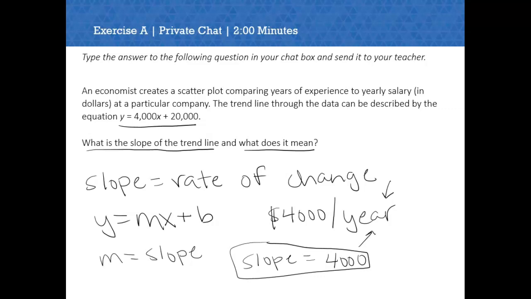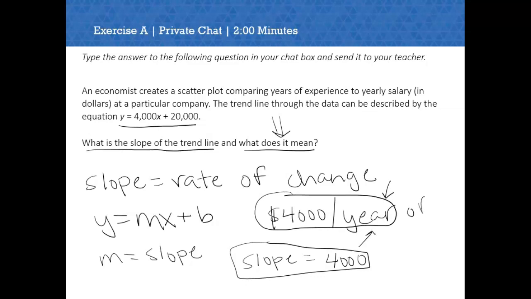So what does it mean? So in the context of this problem, we're talking about a scatter plot comparing years of experience to yearly salary. So what we can say is the salary increases $4,000 with each year of experience.